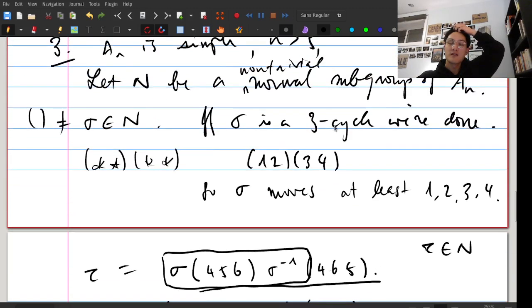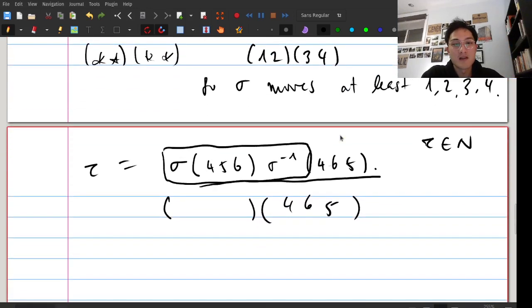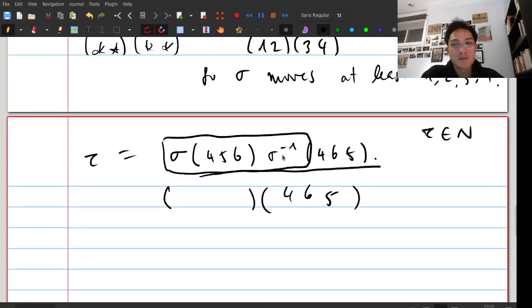If sigma's a 3-cycle, we're done. If sigma's not a 3-cycle, what if sigma moves everything? What happens here? Can we say that at least one of 4, 5, 6 moves? So sigma moves 4 to something.